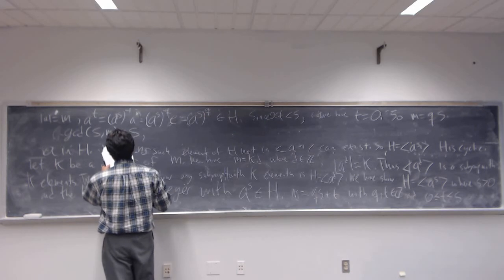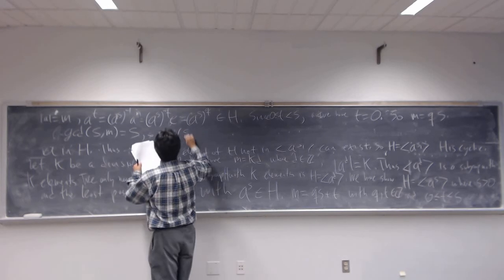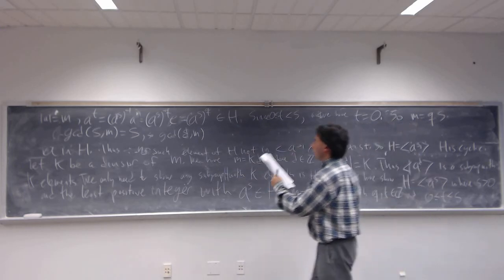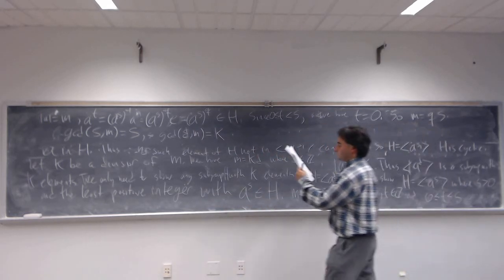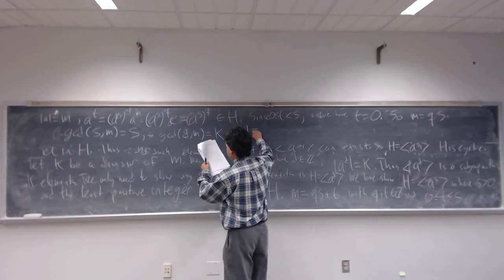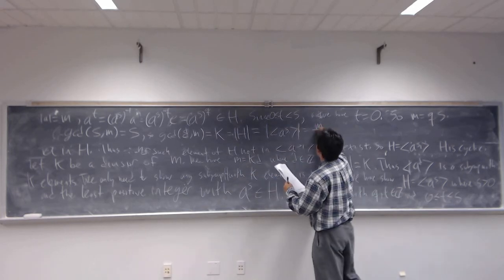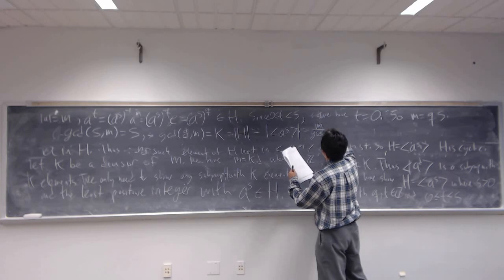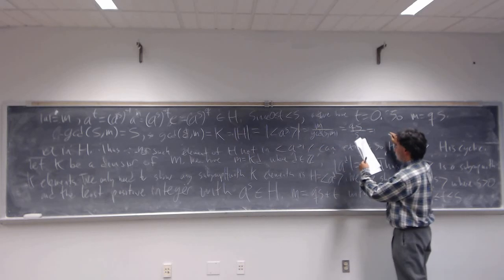Then we have that the GCD of D and M, again, GCD is the greatest common divisor of D and M, was equal to K, which is the order of H, which is the order of the cyclic subgroup generated by this, which is M over the GCD of S and M. So that would be QS over S, or just Q.